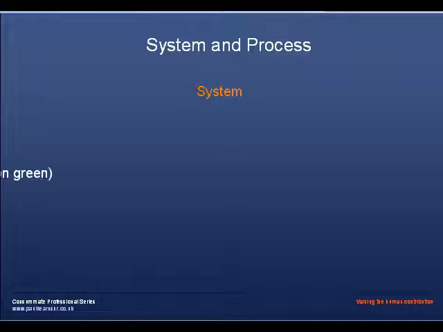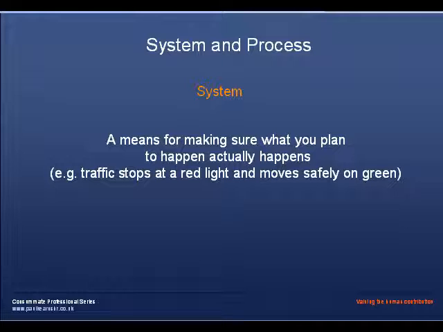A system is a means for making sure that what you plan to happen actually happens. So for example, a traffic light system means that people stop at a red light and move safely on at green. When a system breaks down, the organisation is really in trouble.